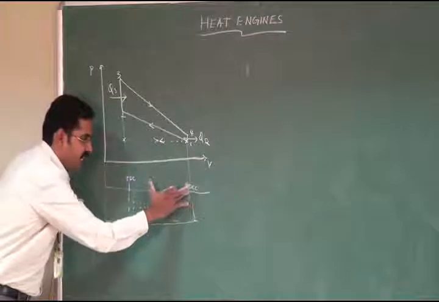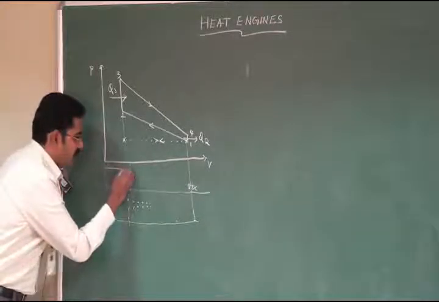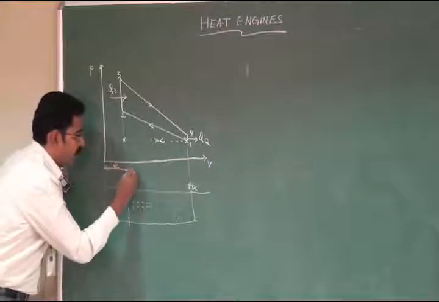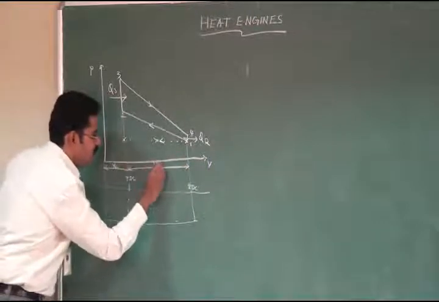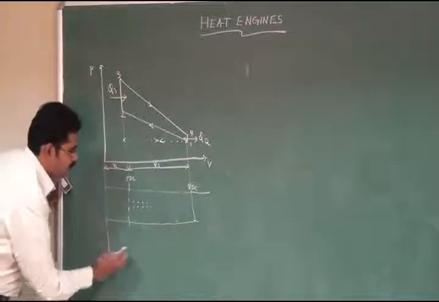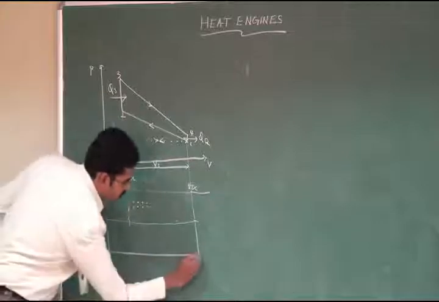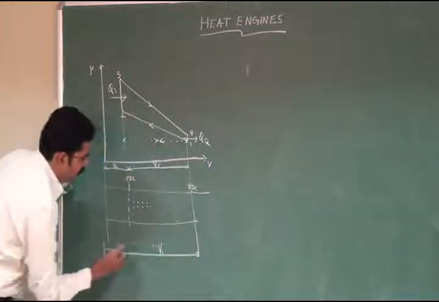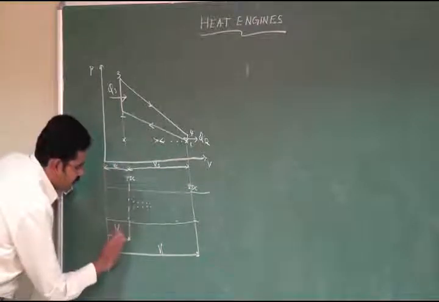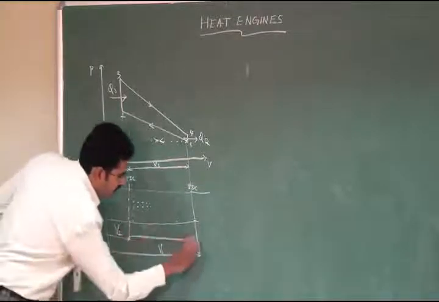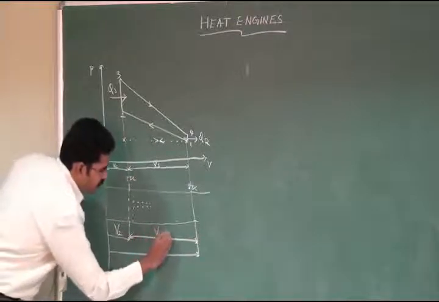The volume between BDC and TDC is termed as stroke volume. In terms of notation, up to this it is called volume V1. Up to this it is called V2, and automatically this volume will be V1 minus V2.